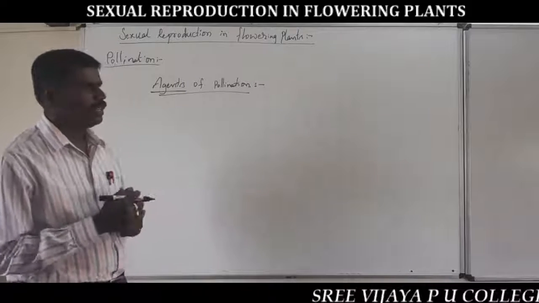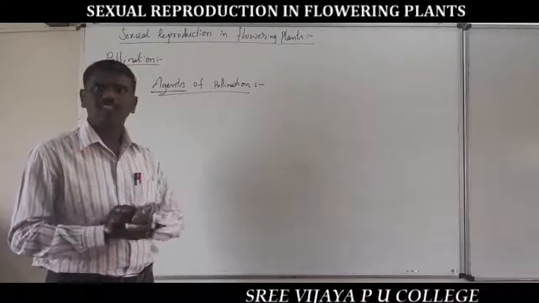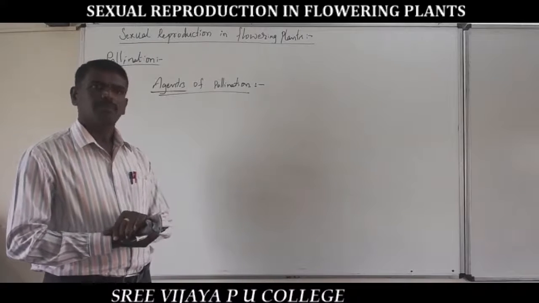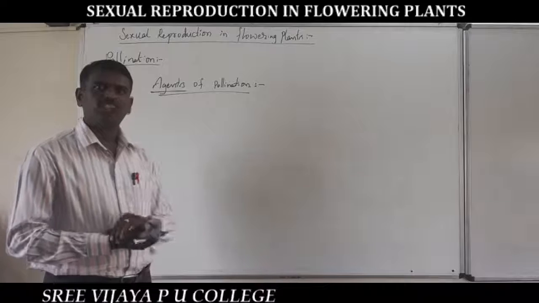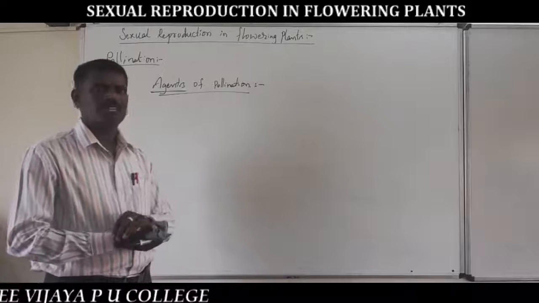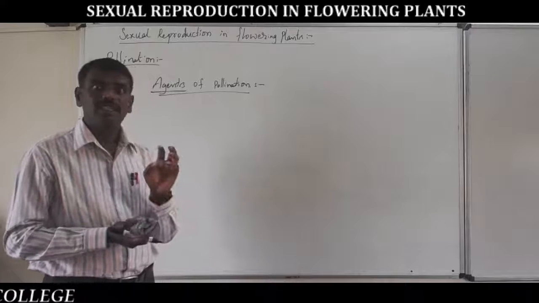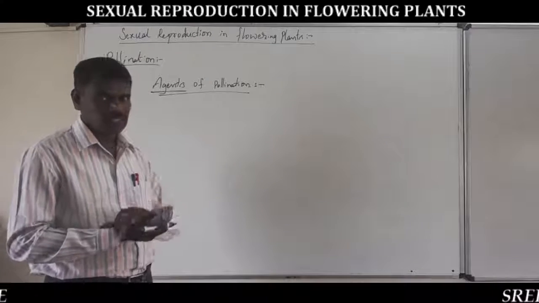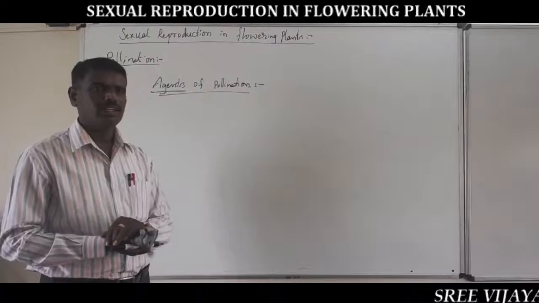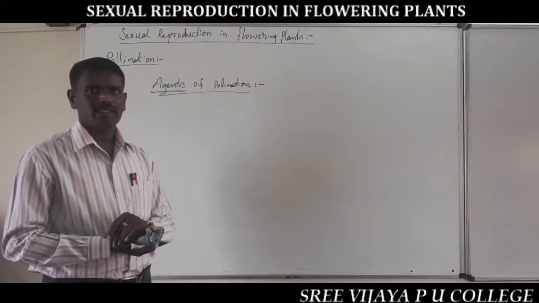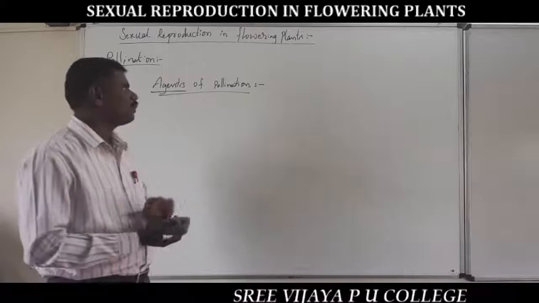Here, honeybees, moths, wasps, beetles, animals, birds, that is insects, even certain arboreal rodents, like squirrels, mice, rats. So there are different types of agents.